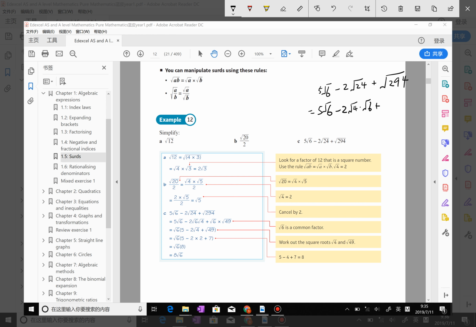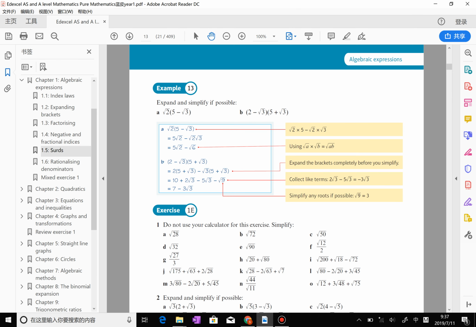Then 294 we can write as 49 times 6, so that we have 5 square root 6 minus 4 square root 6 plus 7 square root 6. So the final answer should be 8 square root 6. Alright, let's move to example 13.